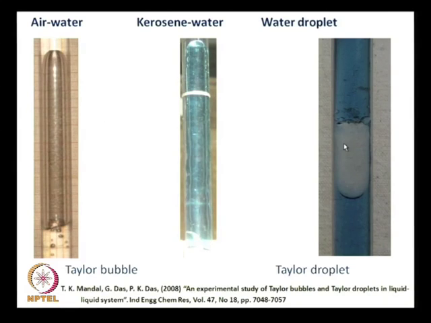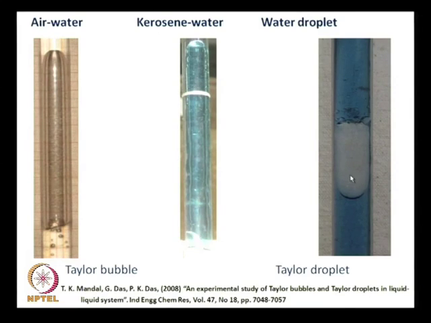The first result is, we found that a Taylor droplet is much more stable as compared to a Taylor bubble. The surface of the Taylor bubble is much more wavy, but if you observe this, you can find that the surface of a Taylor droplet is much more smooth.